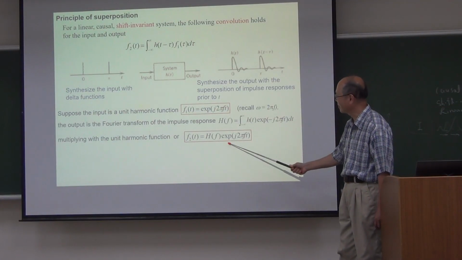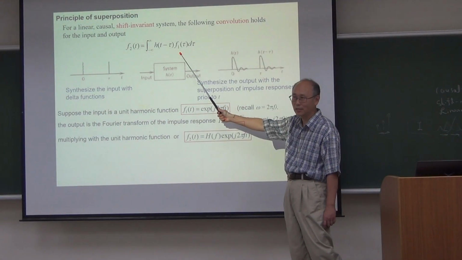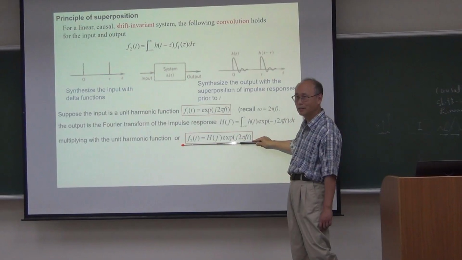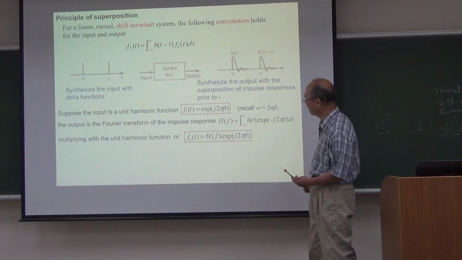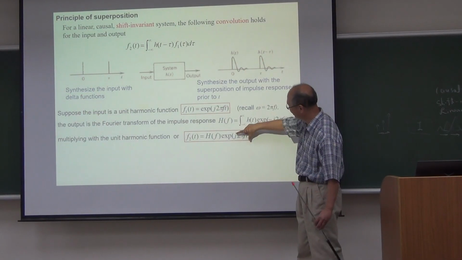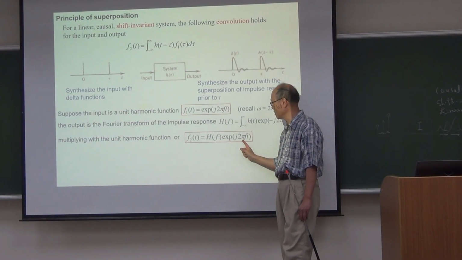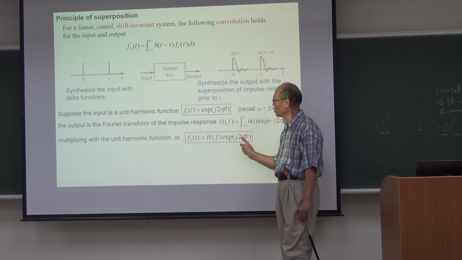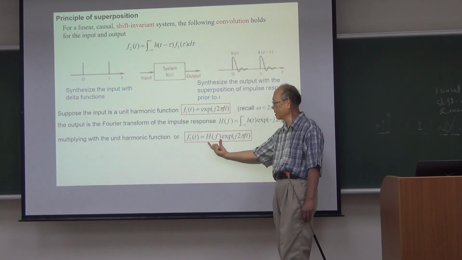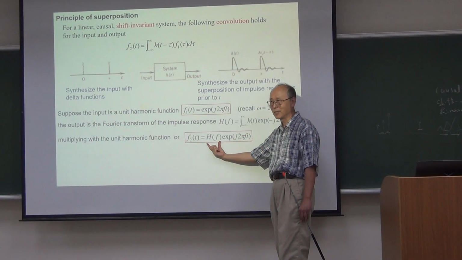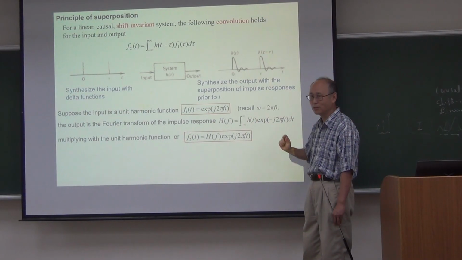You can do this calculation very easily, just put it into this convolution, and you end up having this output, with some prefactor. The interesting thing is that the output is also a harmonic function of the same frequency. You put in something, you get the same thing out, except there's a prefactor associated with it, and this prefactor is the Fourier transform of the impulse response.